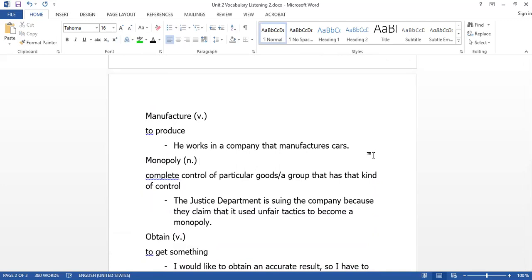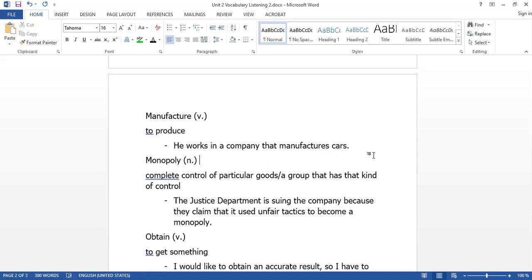Monopoly. So that reminds me of a game. I don't know, all of you must have played it before when you were young. Monopoly is the tycoon board game from childhood, but this one is different, it's not related, this is a noun with another meaning. So when we're talking about monopoly, it means complete control of a particular thing, or you could talk about a group or a company that has that kind of control.